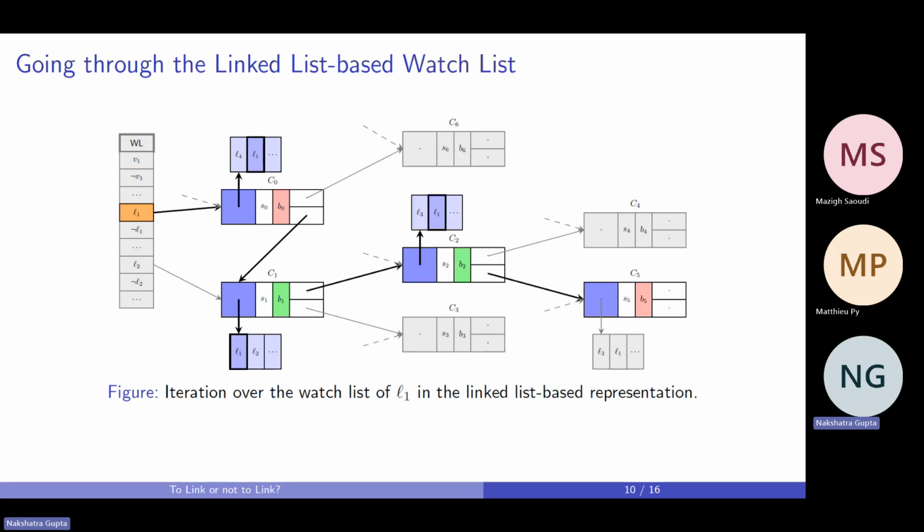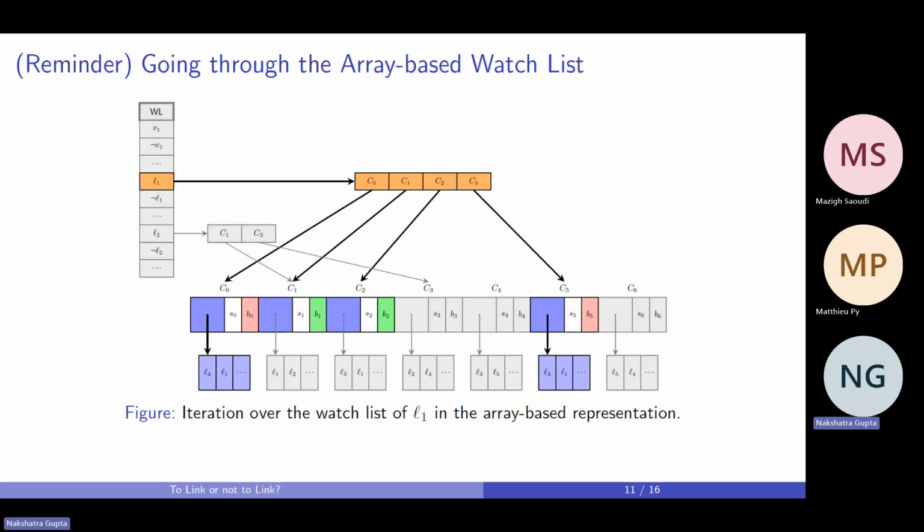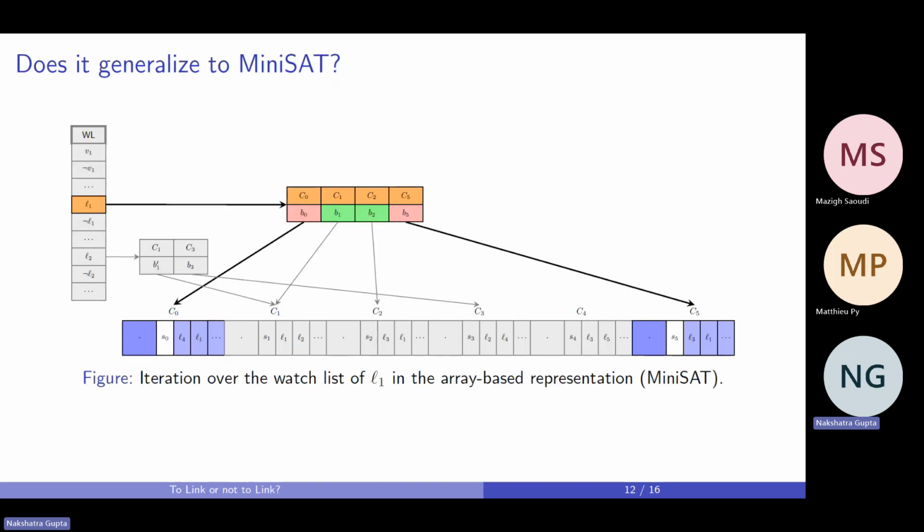And then this process continues, and now we have dereferenced absolutely everything to go through the watch list. And so the blockers are very much less efficient than they used to be. And for reference, this is what we had before. And with the Minisat implementation, it's even better because we don't even touch the clause.